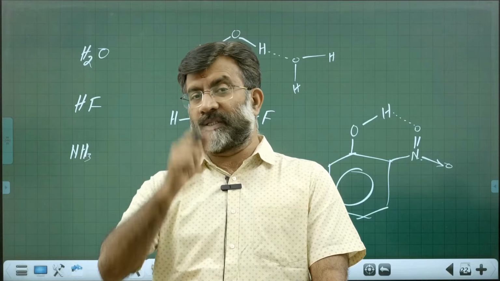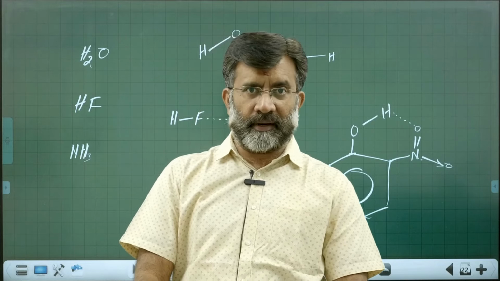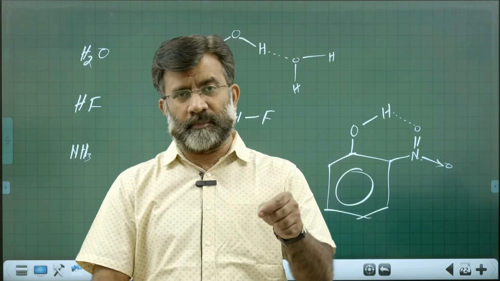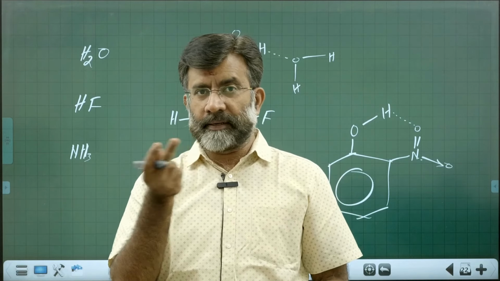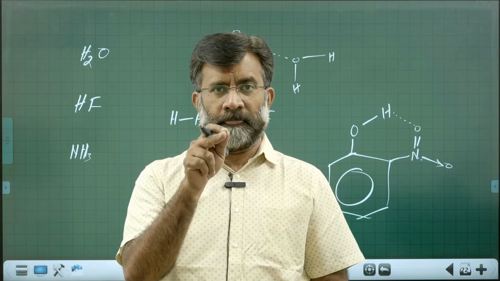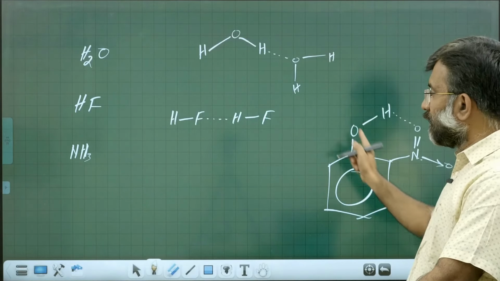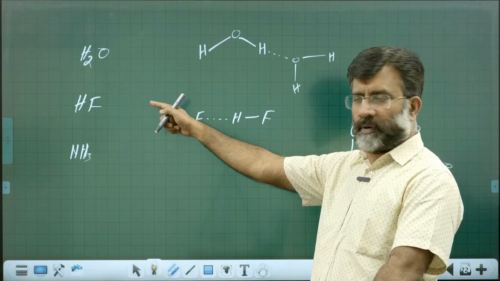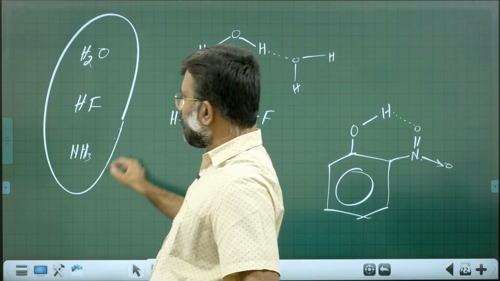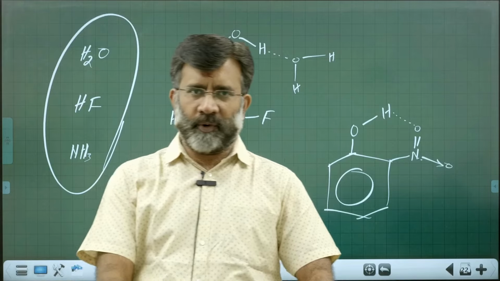Hydrogen bonding plays a vital role, particularly in biomolecules. There are two types: intermolecular hydrogen bonding between molecules, and intramolecular hydrogen bonding within the molecule. This is intramolecular. This is intermolecular hydrogen bonding. The most prominent examples are water, HF, and ammonia.